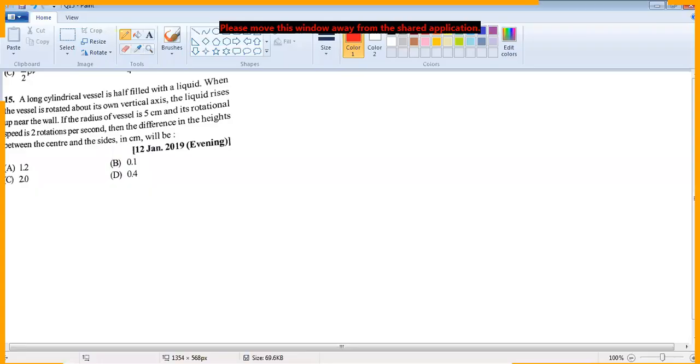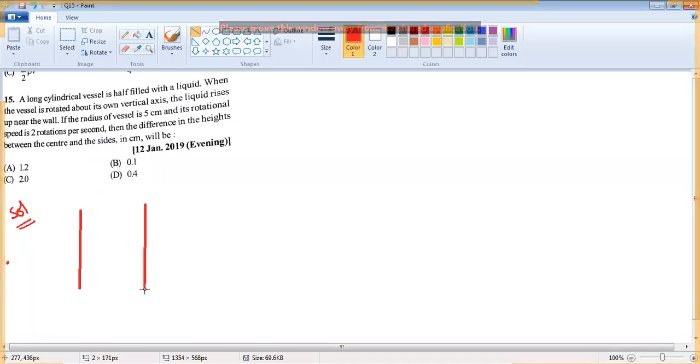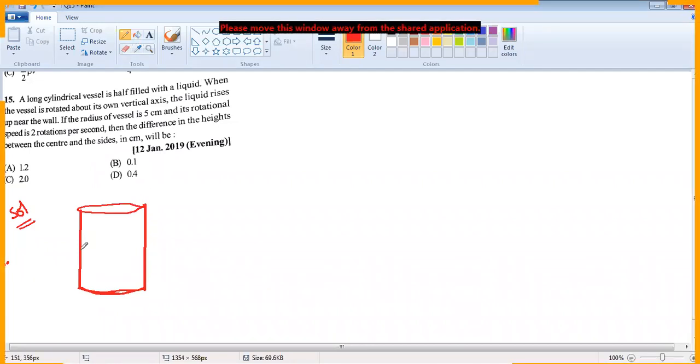Just look at the question. A long cylindrical vessel is half filled.